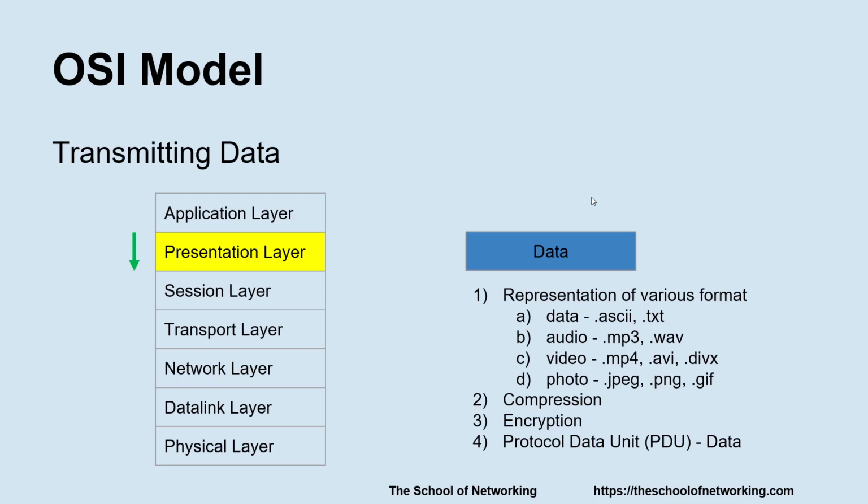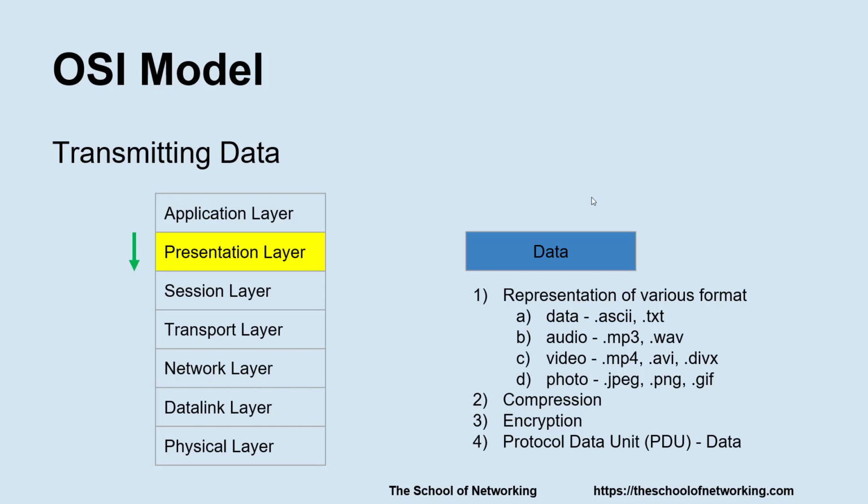These are a few of them. Along with that, while sending, data can be compressed, and on the receiving side it will be decompressed. We can also do encryption while sending and decryption while receiving. The protocol data unit at this layer is again data.